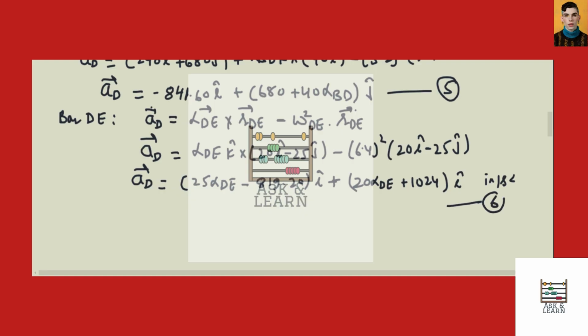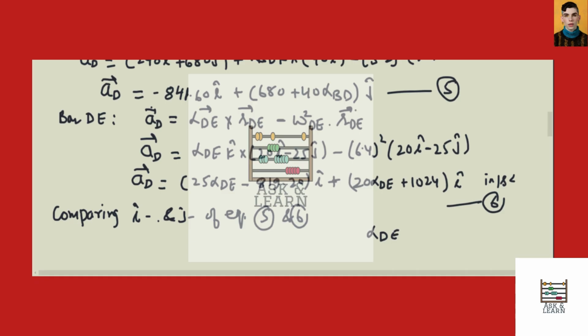This is the 6th equation. So comparing the i and j components of equations 5 and 6, you can obtain the angular accelerations of DE and BD, which we are writing here directly. Alpha DE you have to solve, very simple calculation.